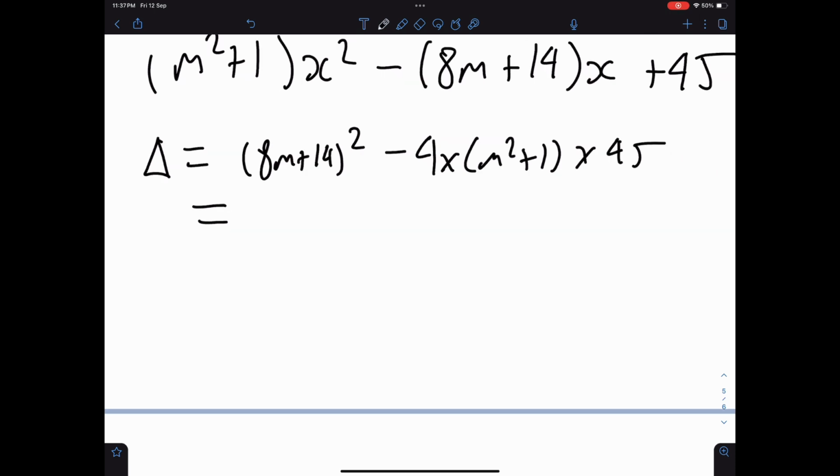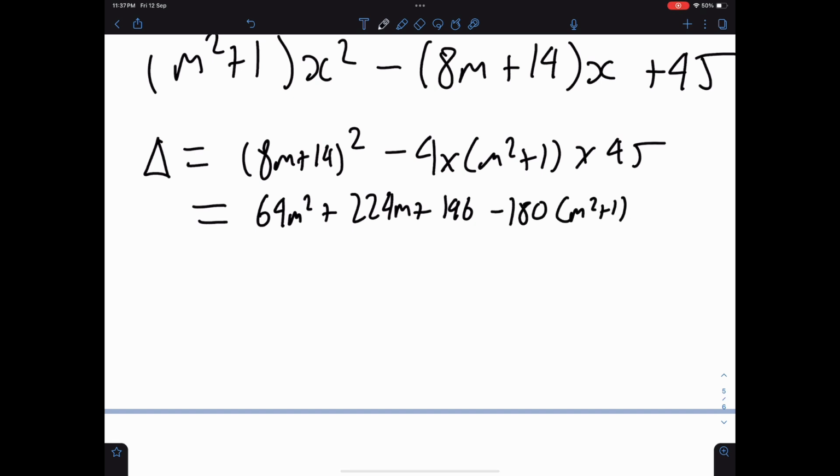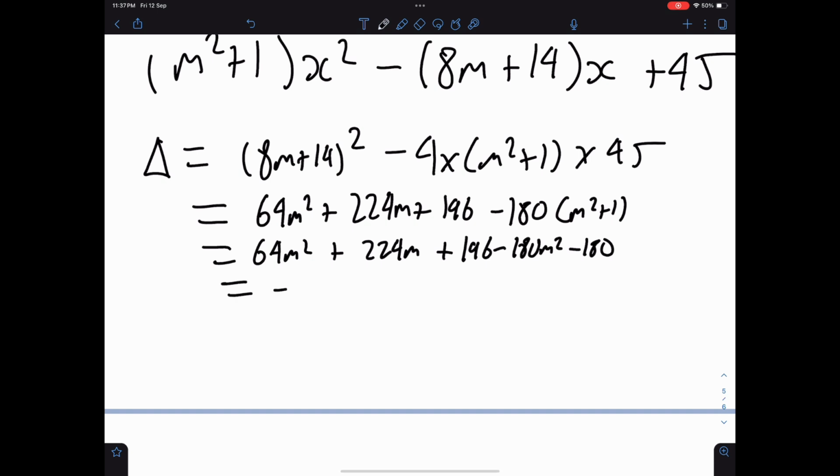So if we expand this out, we get 64m squared plus 224m plus 196 minus 180m squared plus 1, so that's m squared plus 224m plus 16. Oh, hang on, sorry. Plus 196 minus 180m squared minus 180. So that gets us minus 116m squared plus 224m plus 16.